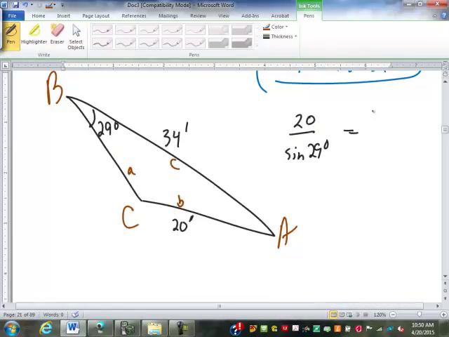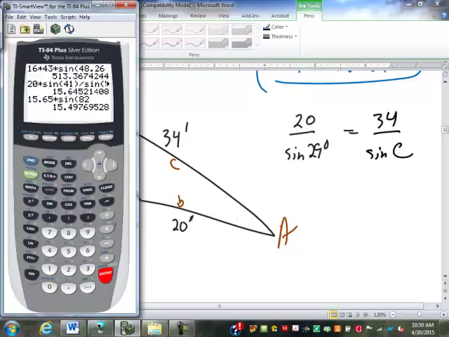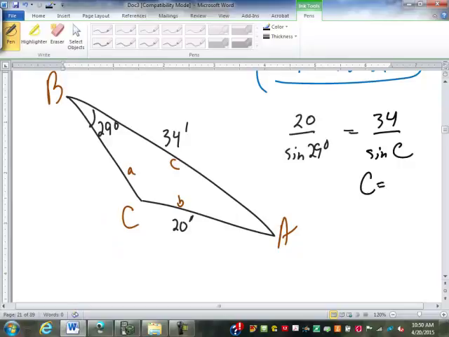So that'd be 34 over the sine of C. So sine of 29 times 34 divided by 20. And then inverse sine tells us that C is 55.51. So 180 minus that gives us 124.49 degrees.